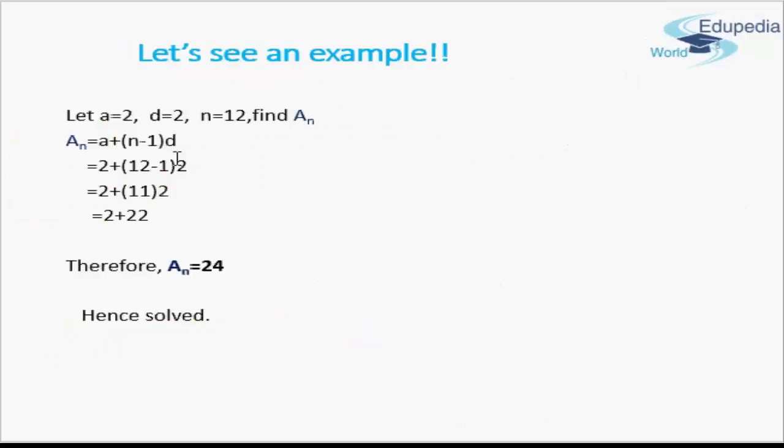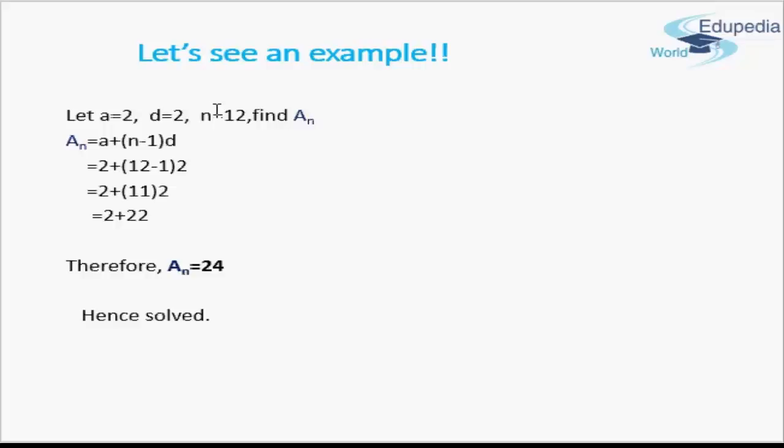Now moving on, this is another explanation of how to solve it. If you want to find out the 12th term in the exam, you're never going to see it like, a equals this, d equals this, and n equals this. Most probably you're going to have a sequence.